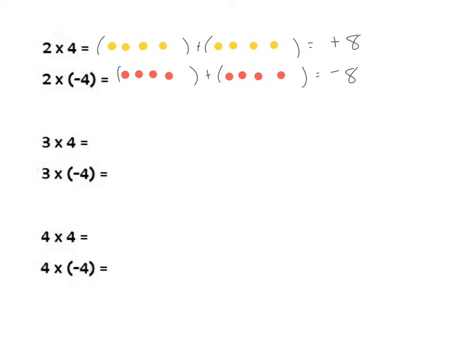We've got 3 times 4. Okay, so I'm going to do 3 groups of 4. I've got positives here. And in the end, when it's all said and done, I'm going to end up with positive 12.